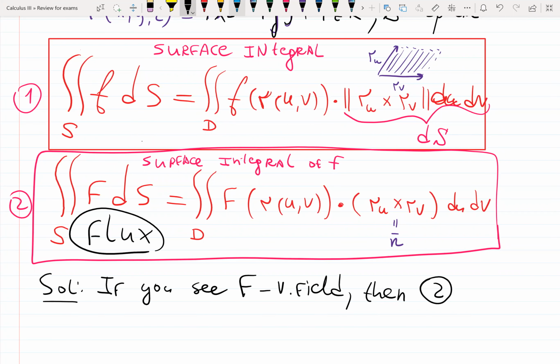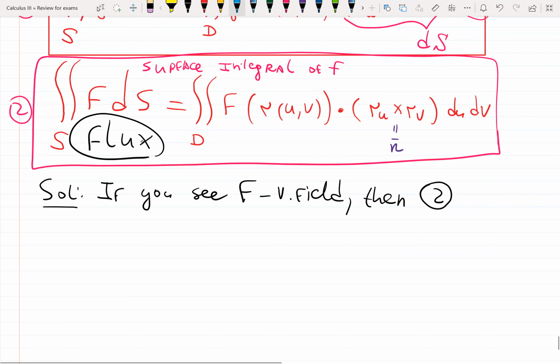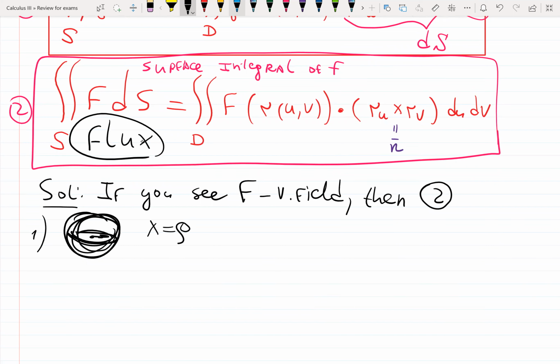How to parameterize the sphere, if you don't have any? We know how to parameterize that very ugly sphere. X equals rho, spherical coordinates, and that's very nice that we already reviewed them. Rho cosine theta, rho sine theta. Remember, that's how I remember it.